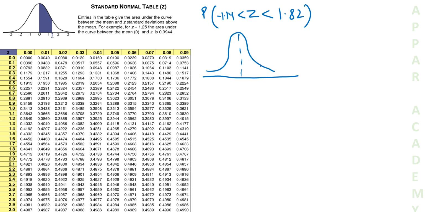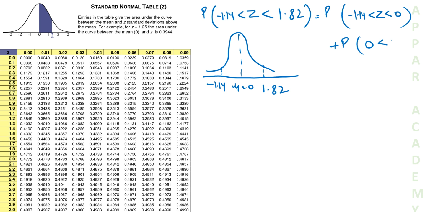So this is 1.82, this is our mean equal to 0, and this is minus 1.14. This is simply equal to the probability that z lies between minus 1.14 and 0 plus the probability that z lies between 0 and 1.82.